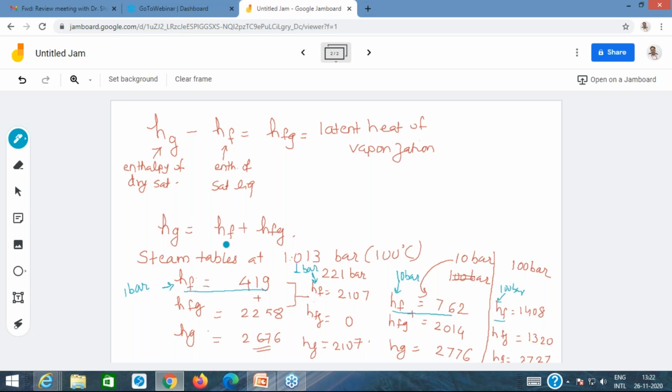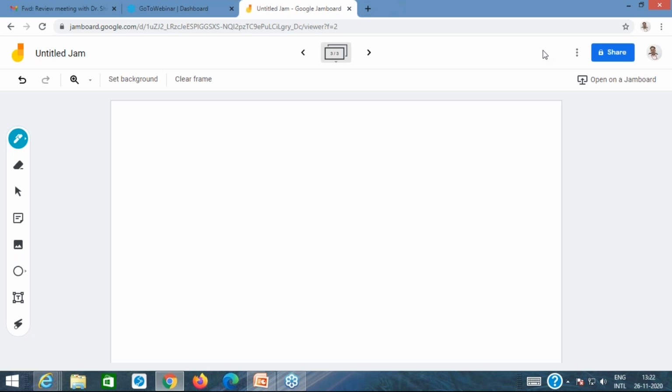Okay, so if I want to draw the diagram now, I will be plotting Hf for different pressures. So let me plot this Hf value with respect to temperature or pressure. Now what you'll find is that this Hf value would go on increasing.